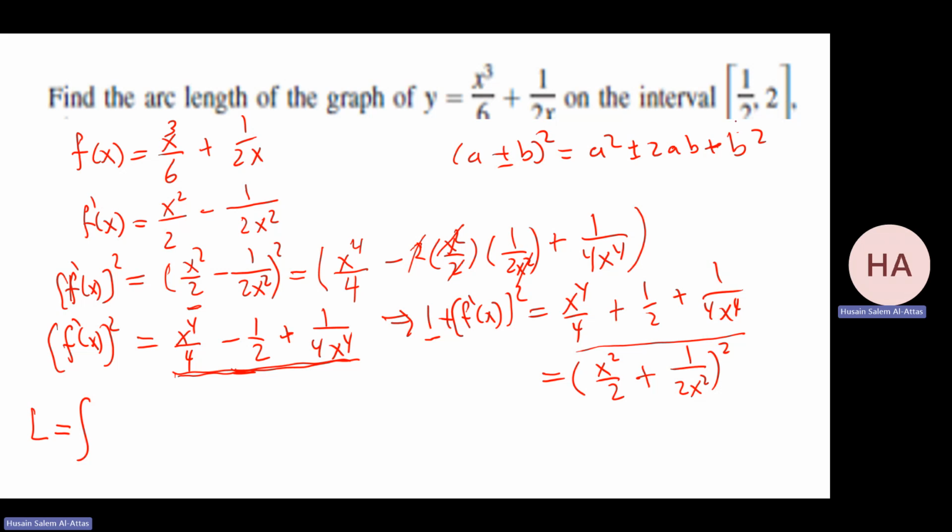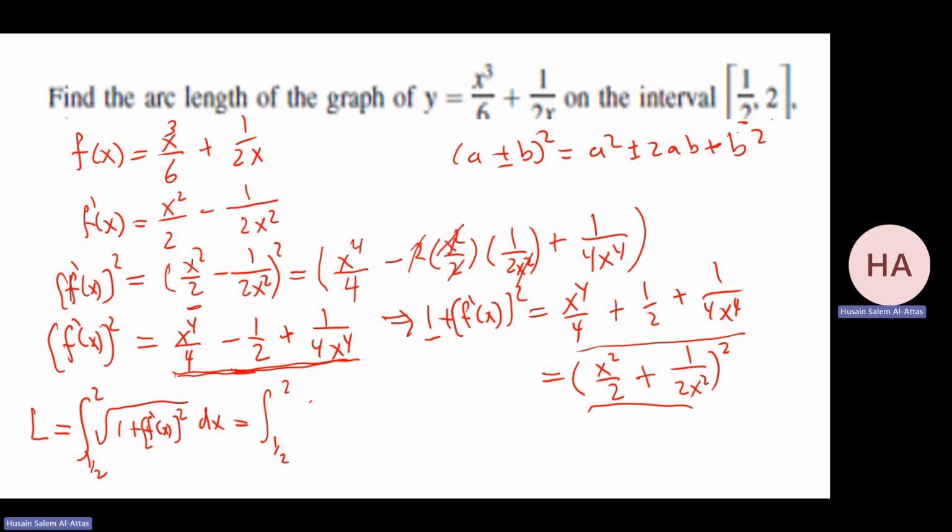He said from half to 2. From half to 2, square root of 1 plus f prime of x squared dx. What is this? All of this is square. So the square will go with the square root. And that will finish the problem.